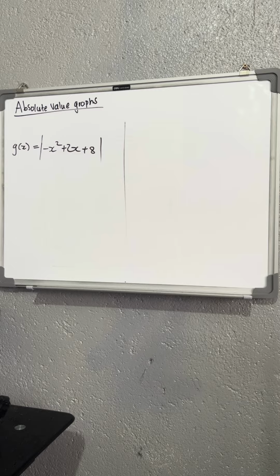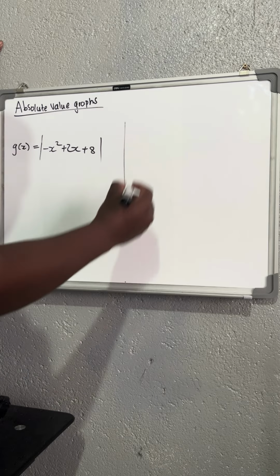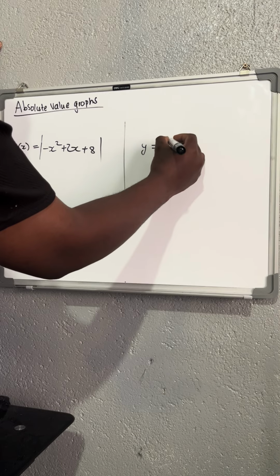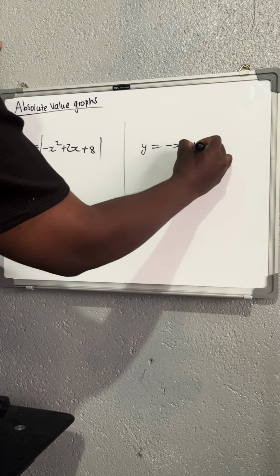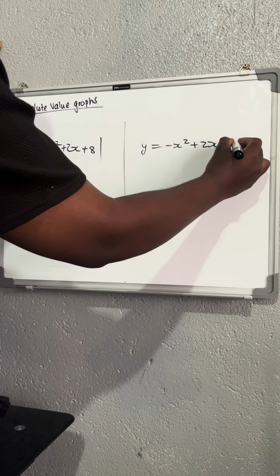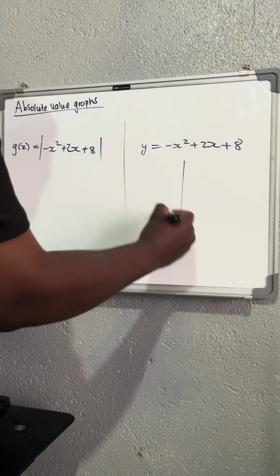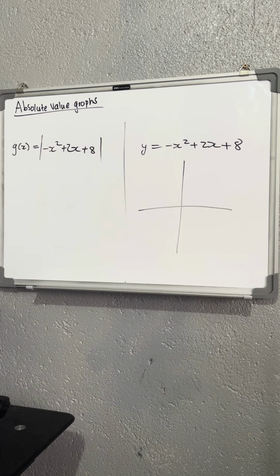And as usual, you write on this side that y is equal to minus x squared plus 2x plus 8. This part is just to help us remember how we do it, but they are more interested in this one in your test or your exam. So you still do the same thing.